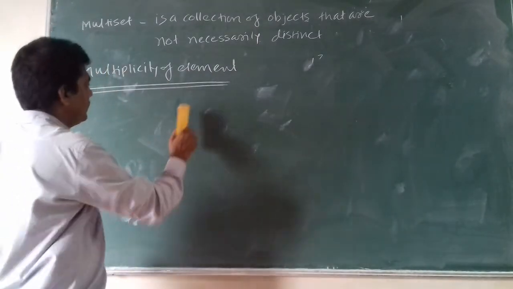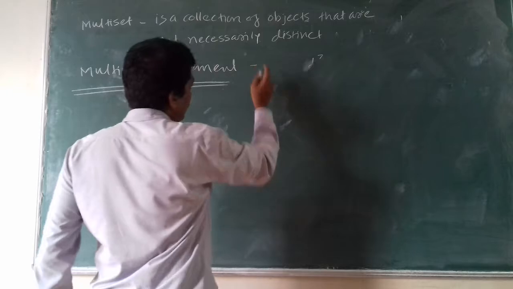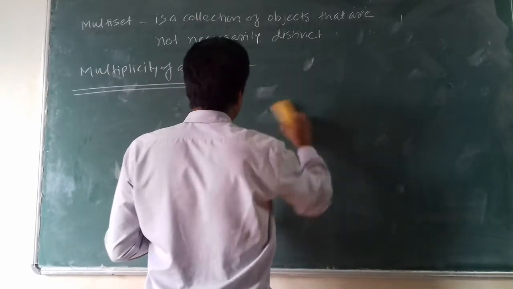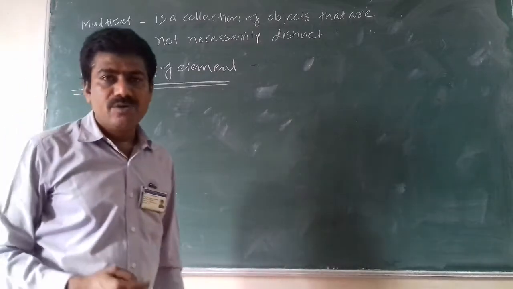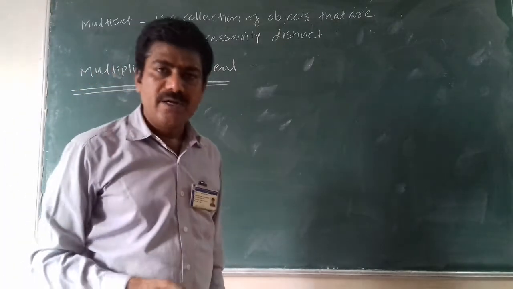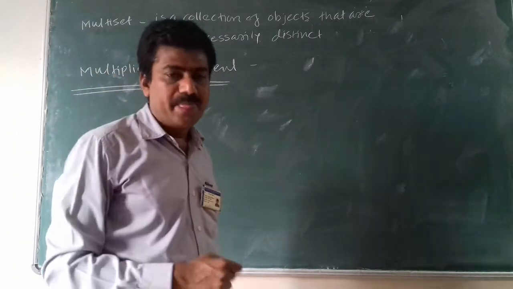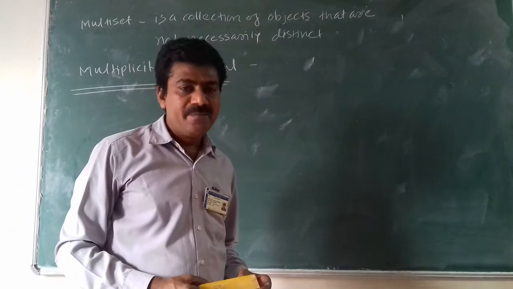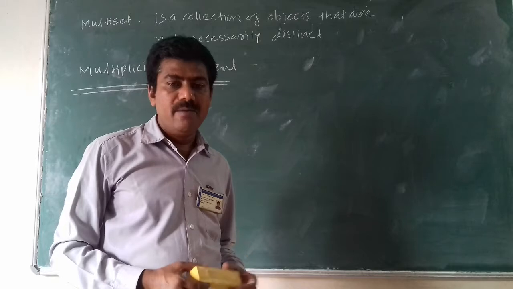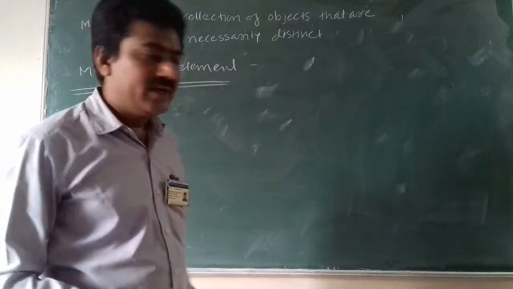Multiplicity of an element is the maximum number of times that particular element occurs in the set. That is the multiplicity. Multiplicity of an element in a multiset is the number of times the element appears in the multiset.